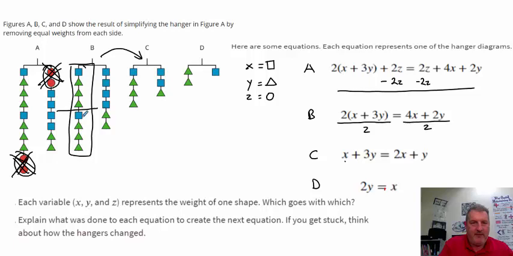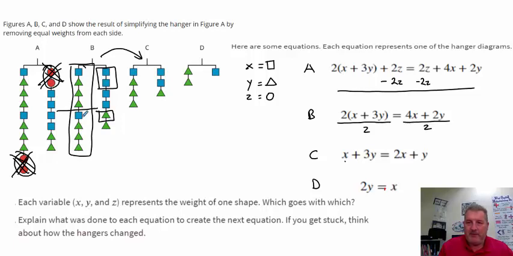If they take the squares and divide them in half, and the triangles and divide them in half, then they're left with 2 squares and 1 triangle. So they divided each side by 2. Now keep in mind, they divided the whole side. They just didn't divide the squares, or they just didn't divide the triangles. They divided the whole sides by 2.